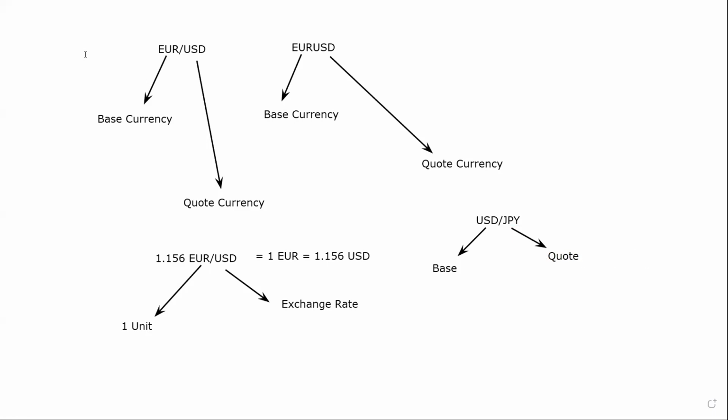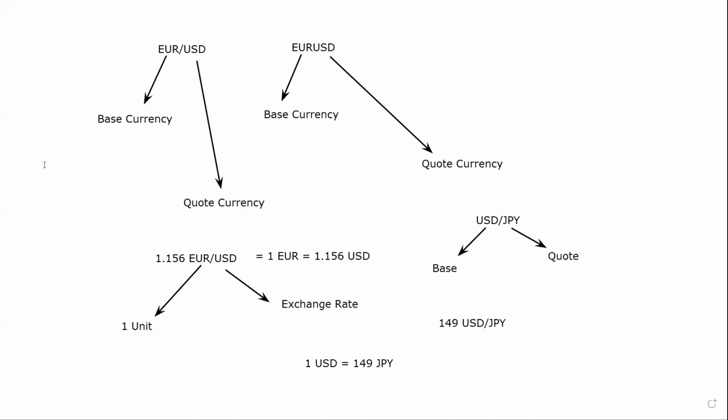Let's suppose the exchange rate of USD JPY is 149 USD slash JPY. What does this mean? This means that, as I told you, the unit of the base currency is always 1, so we will take 1 USD is equal to 149 JPY. Okay, this is what the exchange rate determines.